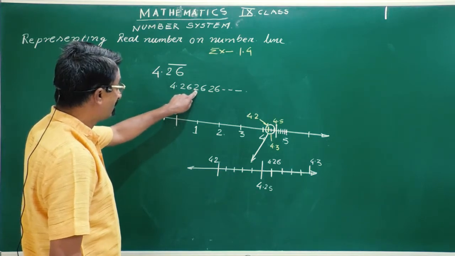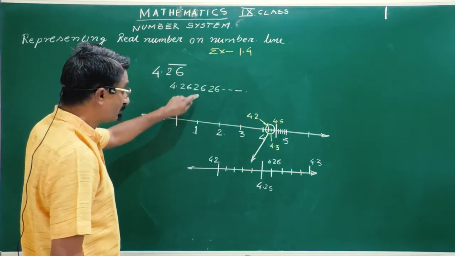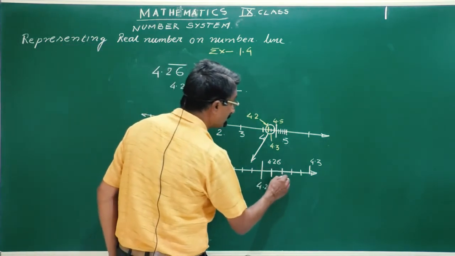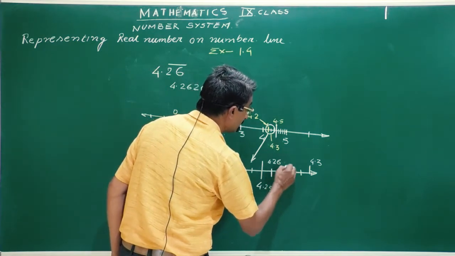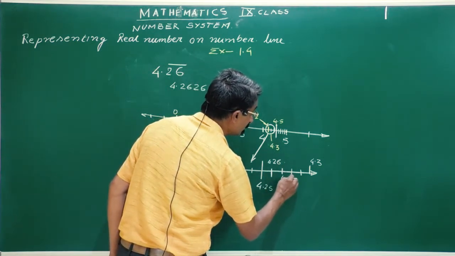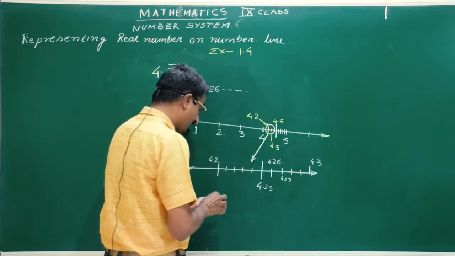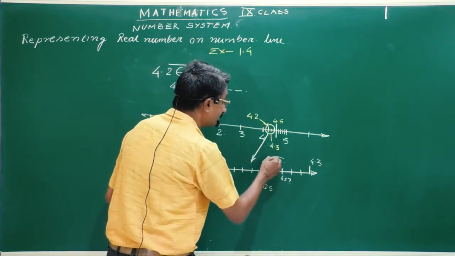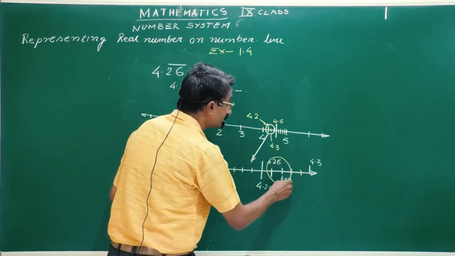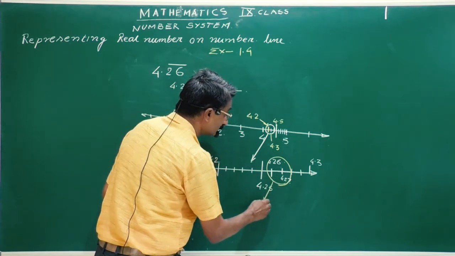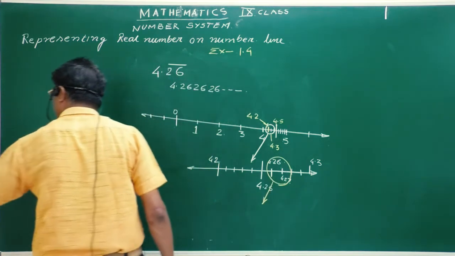Again, the next decimal digit is 2. So this will lie in between 4.26 and 4.27. So we will magnify this portion.